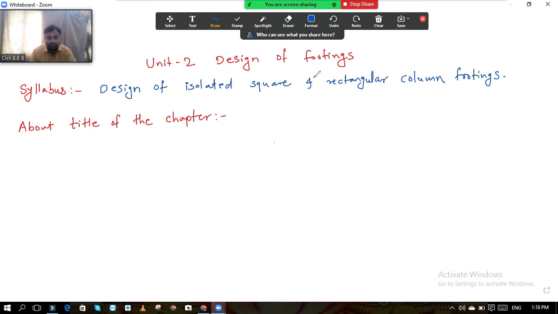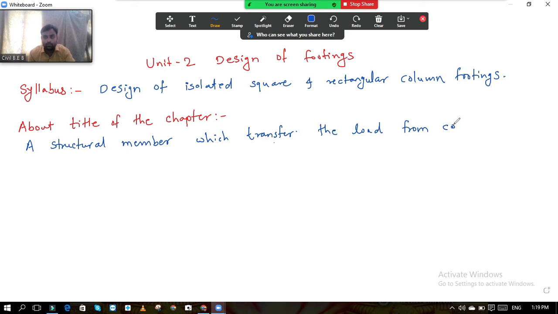So here, a structural member which transfers the load from column to the ground is nothing but footing.